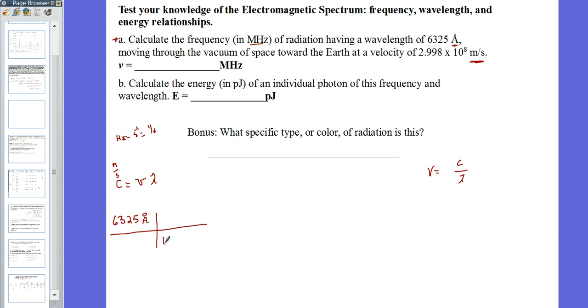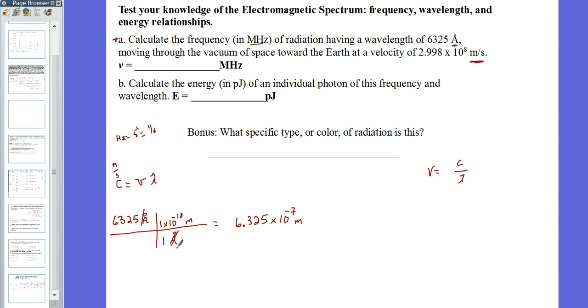You have a conversion factor for that already, that 1 angstrom is 1 times 10 to the minus 10 meters. So really, that's 6.325 times 10 to the minus 7 meters when you do your math with your exponent.